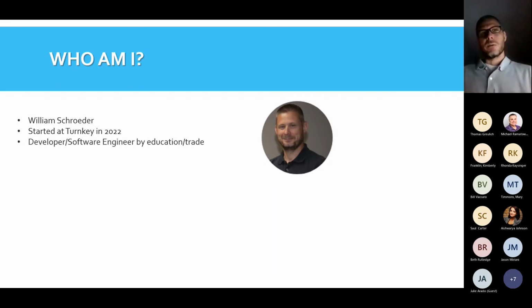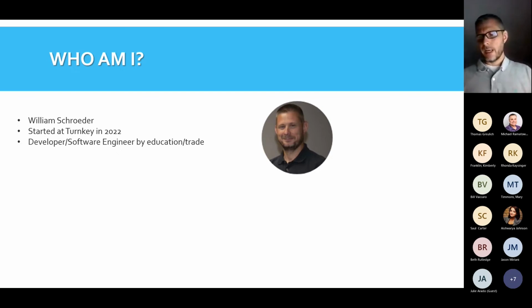A variety of roles from developer to IT manager to director, and I'm back to a hands-on role helping to forge a path with Microsoft development and Power Platform here at Turnkey. I come from a C++, C#, .NET background, with heavy emphasis on database development and business intelligence. And as you'll see, hopefully throughout this presentation, that lends itself nicely to Power Platform.